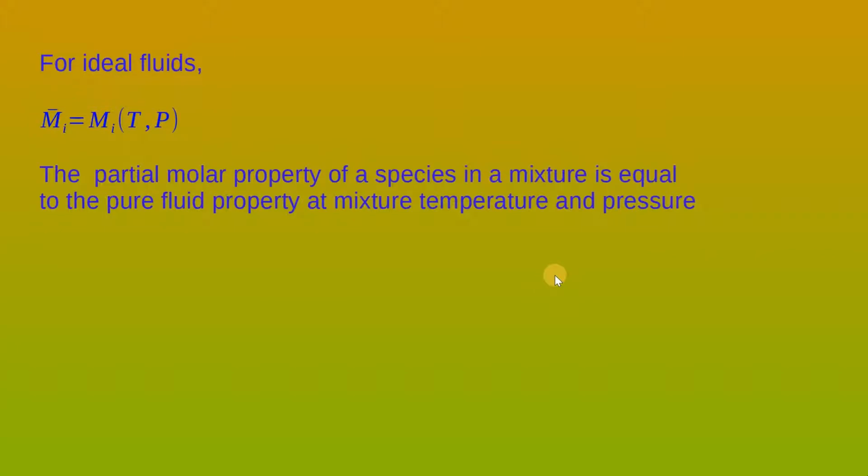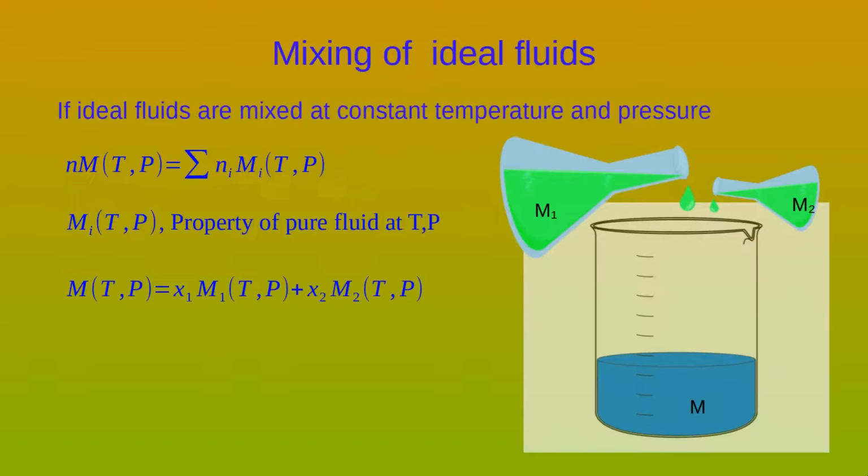Now, for ideal fluids, the partial molar property in the mixture is equal to the pure property at the same temperature and pressure of the mixture. So the partial molar property of a species in a mixture is equal to the pure fluid property at mixture temperature and pressure.